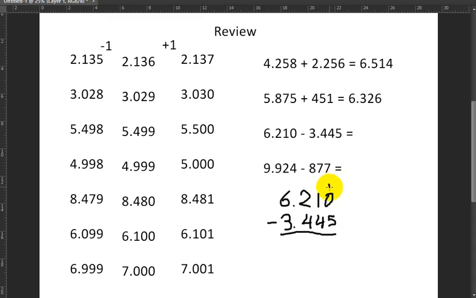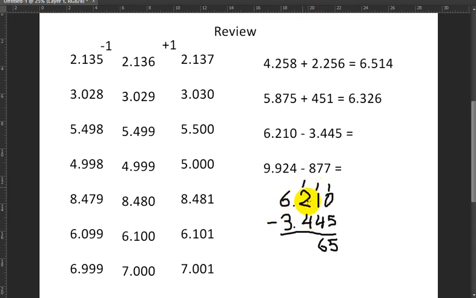I can't do 0, take away 5, so I borrow 1. And I say 10, take away 5, which makes 5. I return this here, and the 4 becomes 5, and say 1, take away 5. Again, I can't do the subtraction, so I say 11, take away 5, which makes 6. I return this down here, 4 becomes 5, and I say 2, take away 5.